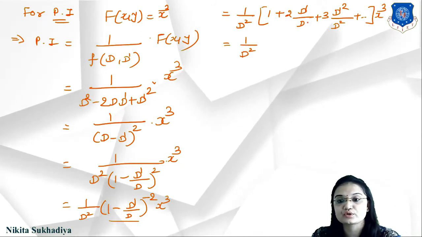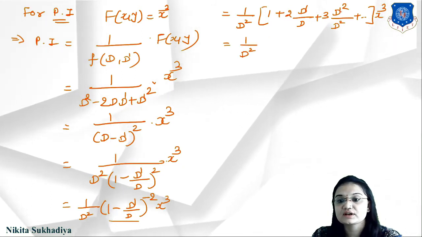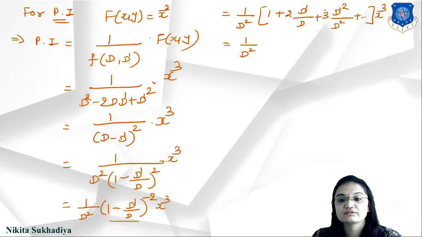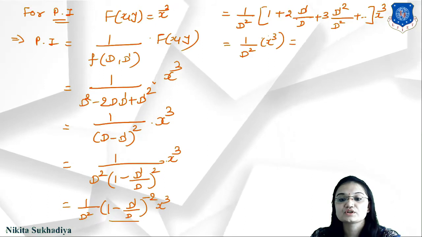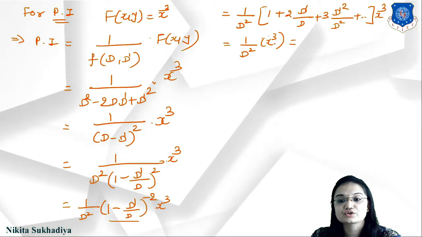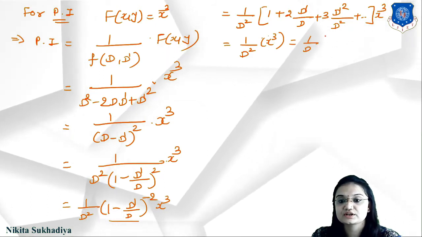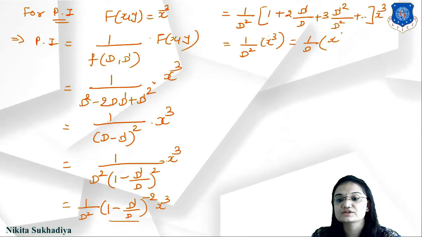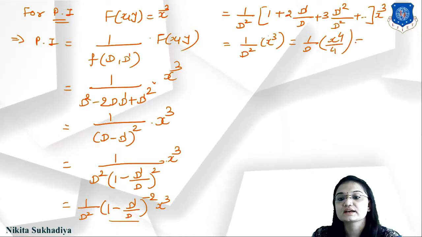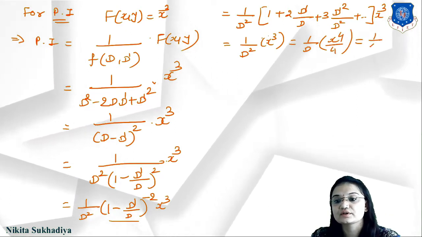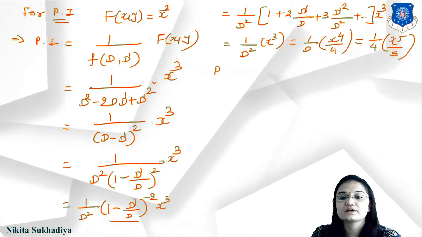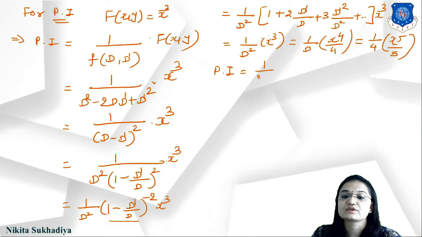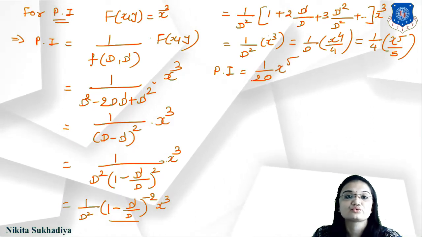In this D dash upon D, integration and derivative cancel out, here also integration and derivative cancel out, so we will get only x cube. So this is nothing but 2 times integration of x cube. First time integration of x cube will become x raised to 4 by 4, and second time integration will become 1 upon 4, x raised to 5 by 5. So we will get our particular integral, that is 1 upon 20 x raised to 5.